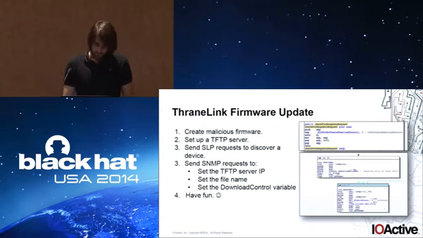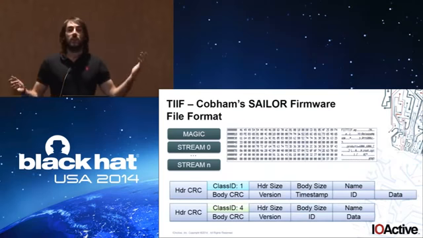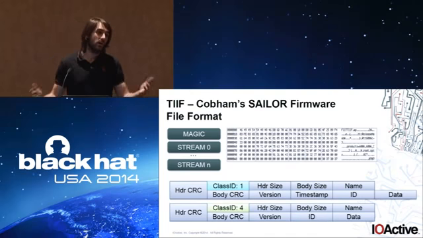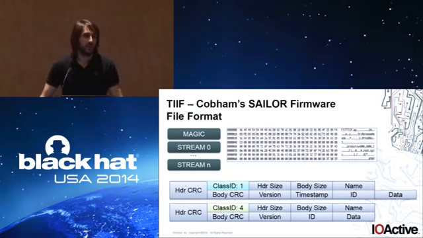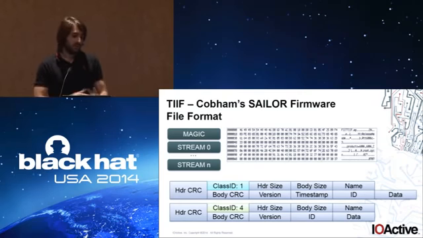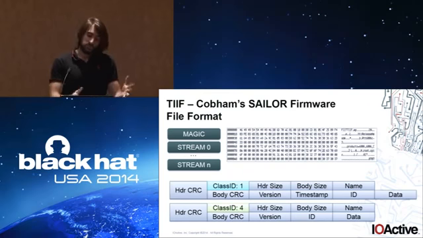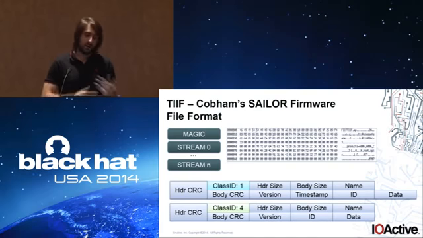And then some fun. The last thing we have to know is how the firmware file is structured. I analyzed the internal tool they use to parse the firmware file to discover how the firmware is structured. It's basically a magic and then some streams. There are 2 main streams.